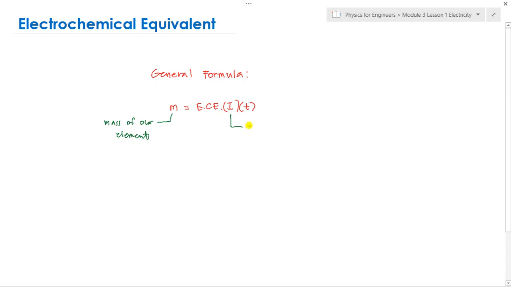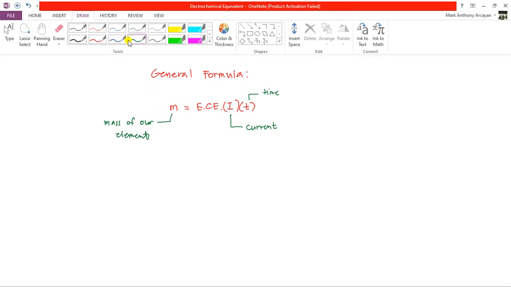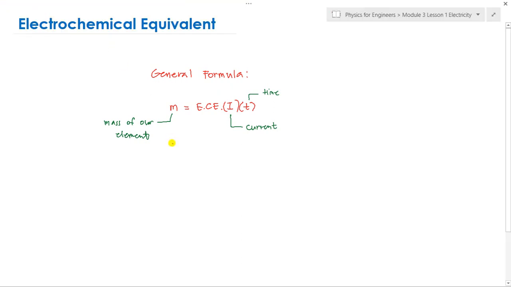I is our current, which is passed through for the reaction. And this one is the time it takes to complete the electrolysis process. Other books write it as m equals Z I t. Remember this, class.